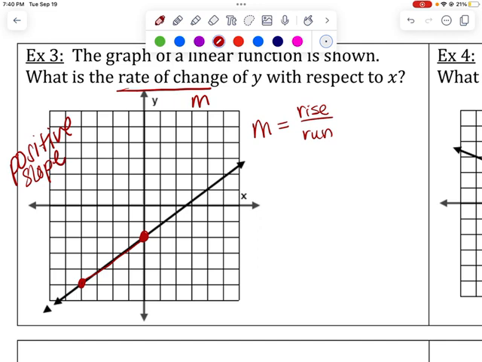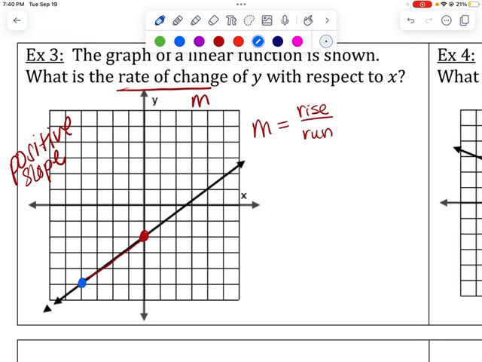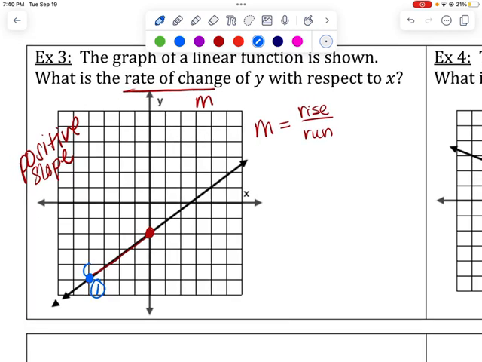So in this case, I am just going to go up and then to the side. So let's see how much we go up by. I'm picking this perfect point right here. This is my first point, and I am going to go up 1, 2, 3. And to the side, let's see, 1, 2, 3, 4.